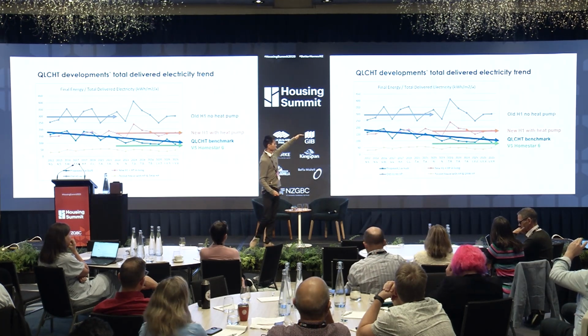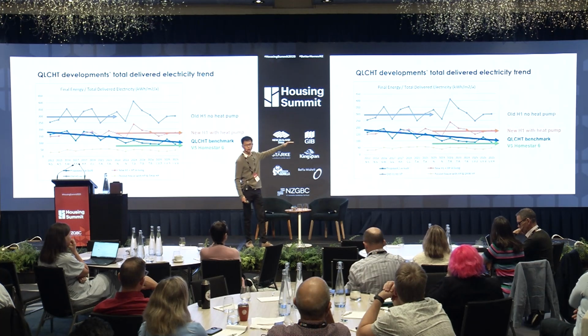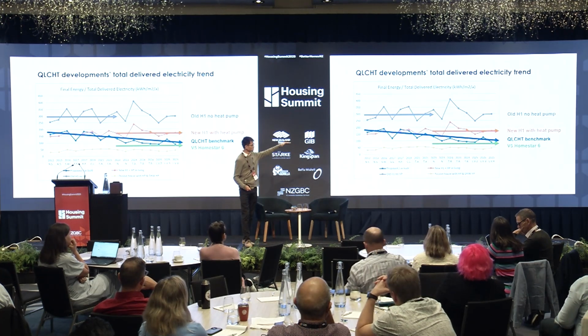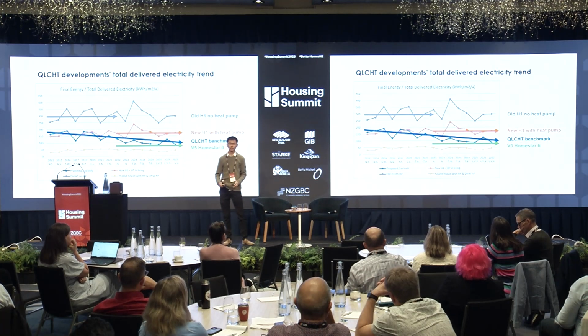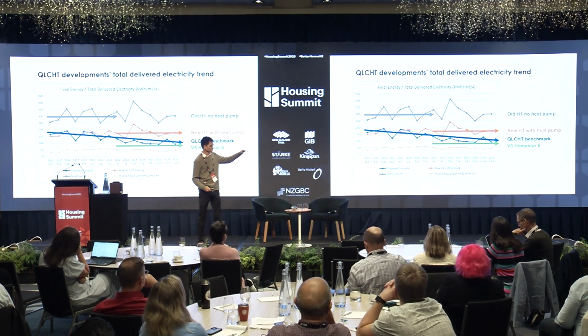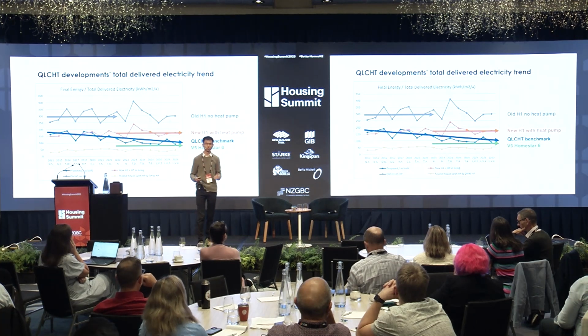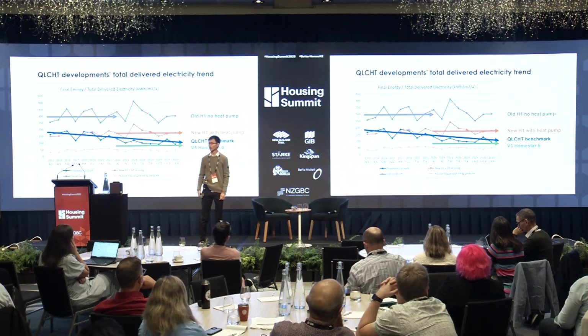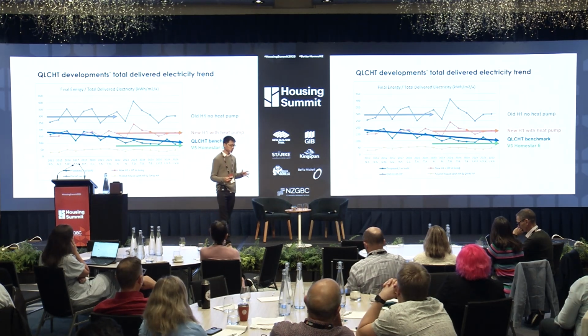At the top, we have the OH1 with no heat pump, no real efficient heating. The orange arrow is the new H1 with heat pump, some efficient heating. The blue arrow is the Queenstown Housing Trust benchmark, which is constantly improving. And lastly, we have the version 5 Homestar 6 benchmark. We are not completely there yet, but certainly we are not stopping there.